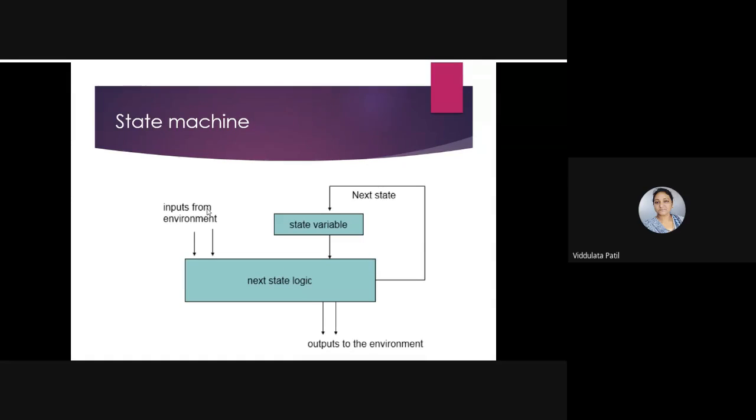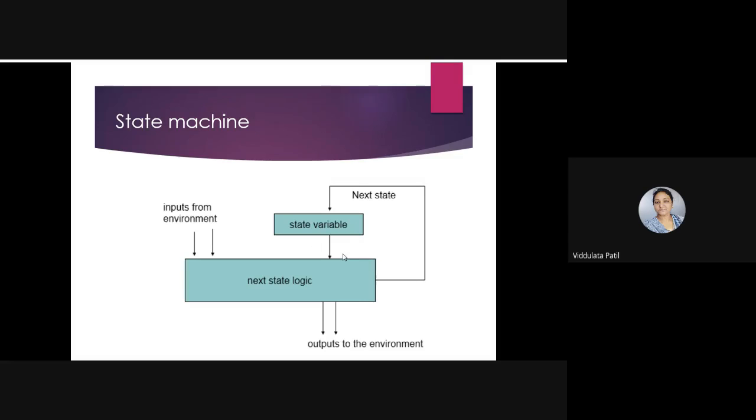Okay, now this state machine, what is it? You can see this is the basic diagram that we have for the state machine. It uses inputs from the environment, and it will have a next state logic. What the next state will be is decided with certain logic. At the same time we will have the input from the state variable.